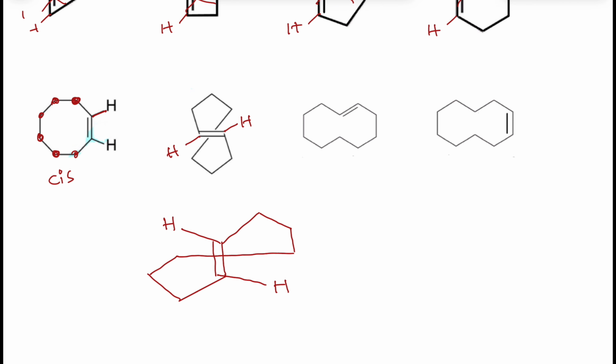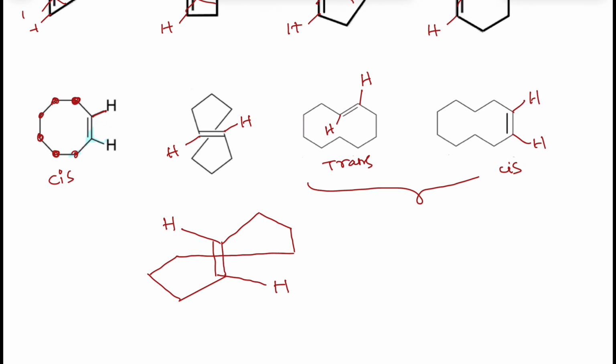So for cyclooctene and higher members, with 8 or more carbon atoms, the double bond will be a geometrical center. You can see there are totally 10 carbon atoms and here hydrogens are on opposite sides. Therefore, this is said to be trans configuration, and here hydrogens are on the same side. Therefore, it is said to be cis configuration.